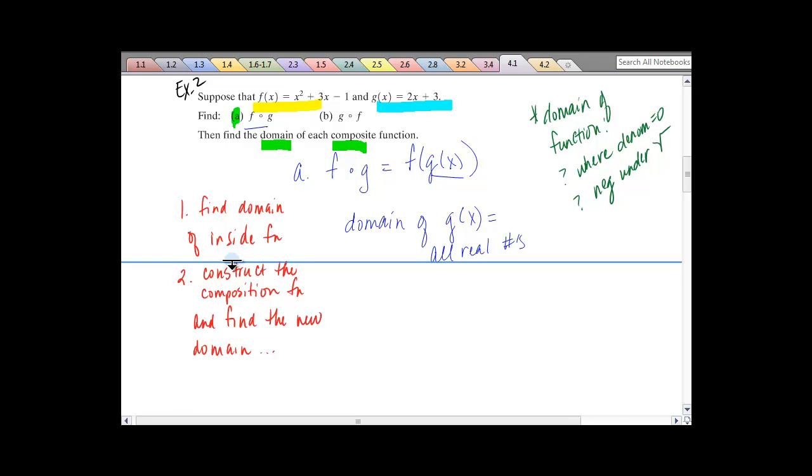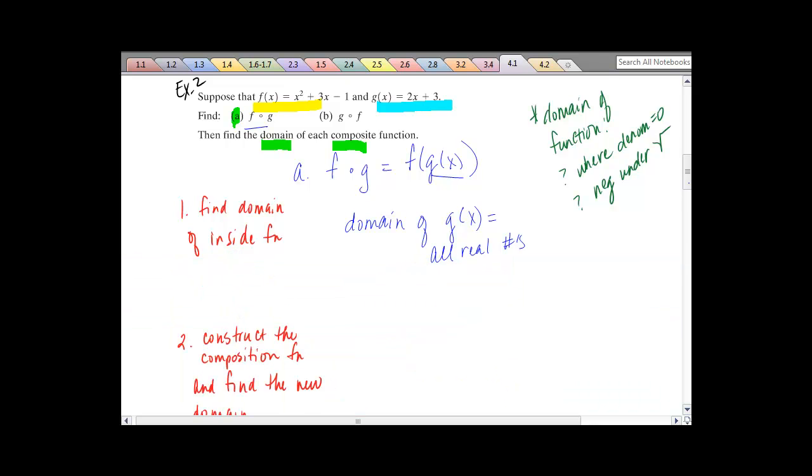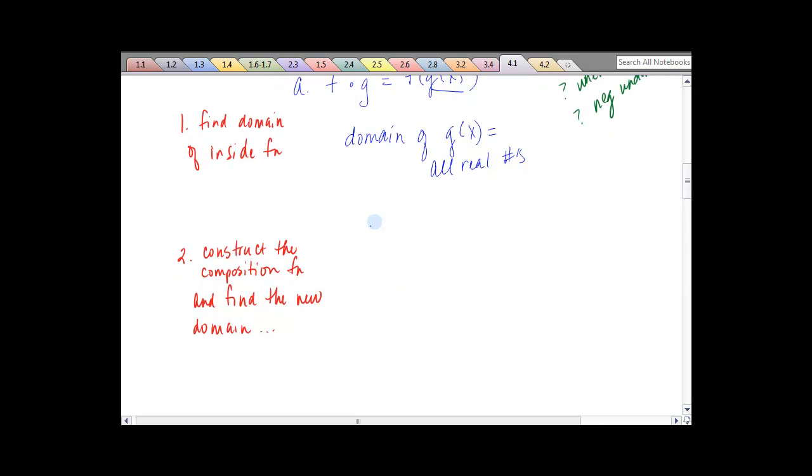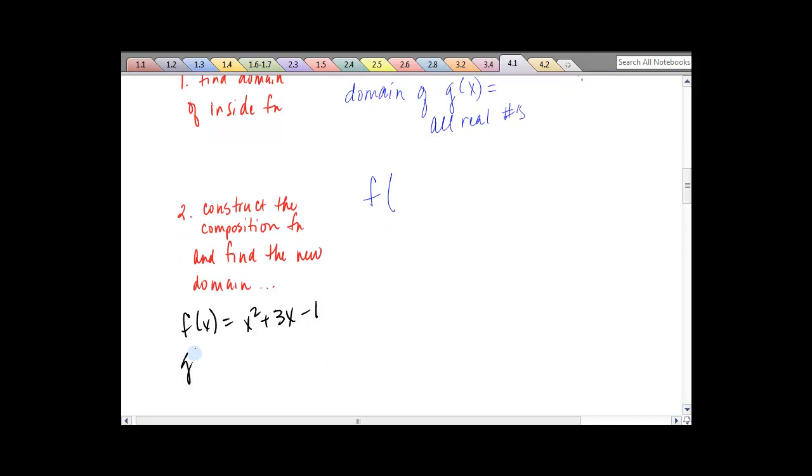Now step number 2 says I need you to construct the composition of our function. Remember, I need to now construct f of g of x, and then I want to find the new domain. So in this case, I'm going to take f of g of x, and let me just write this down here. f of x is originally x squared plus 3x minus 1, and g of x is 2x plus 3.